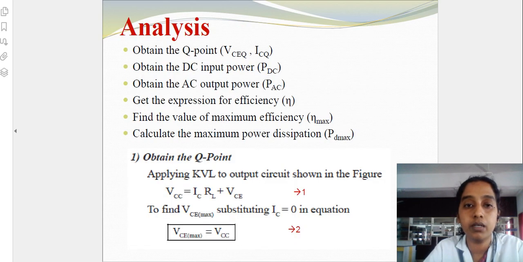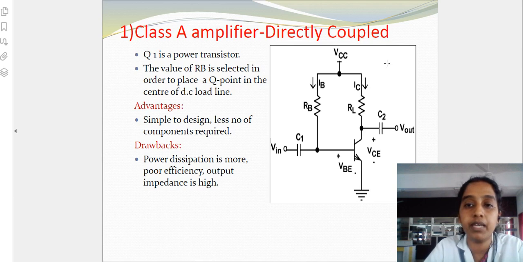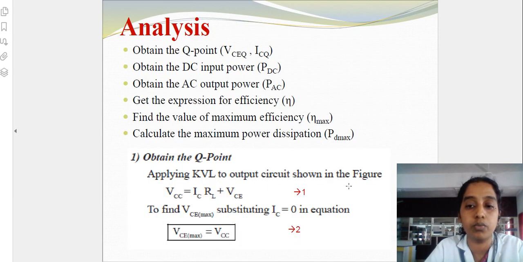So we can see the analysis of class A. First we need to obtain the Q point. By applying KVL to the input circuit, VCC minus IB RB minus VBE equal to 0.